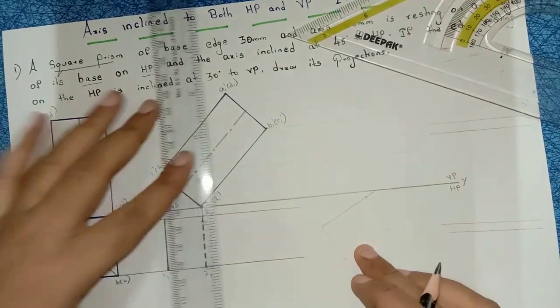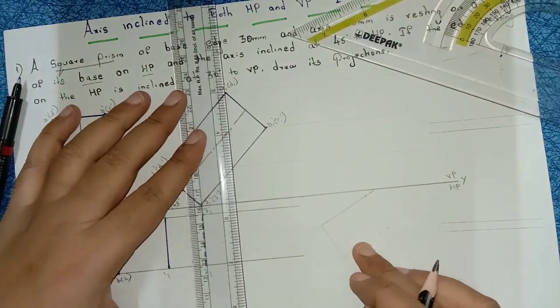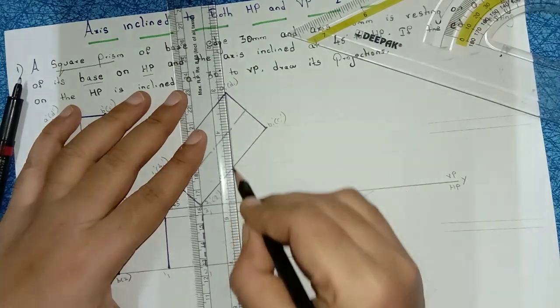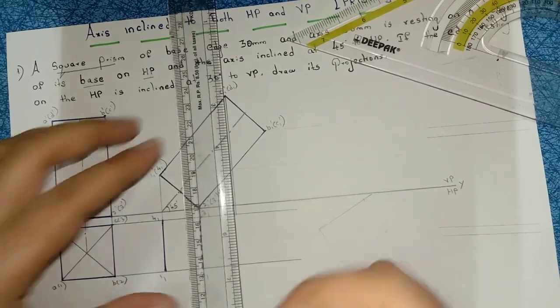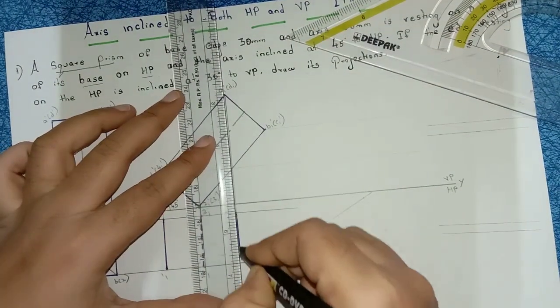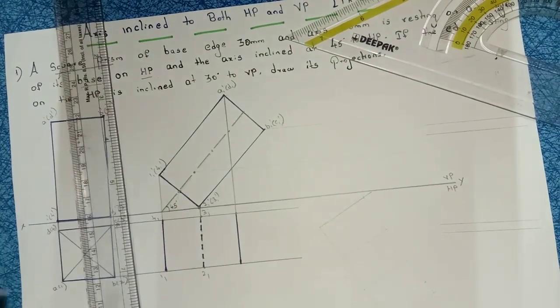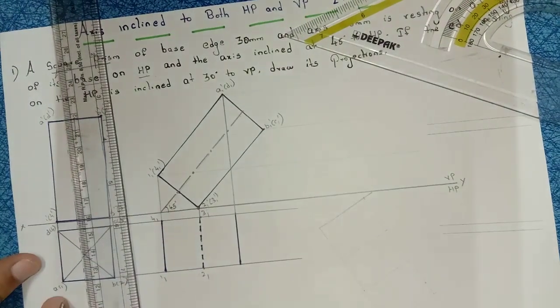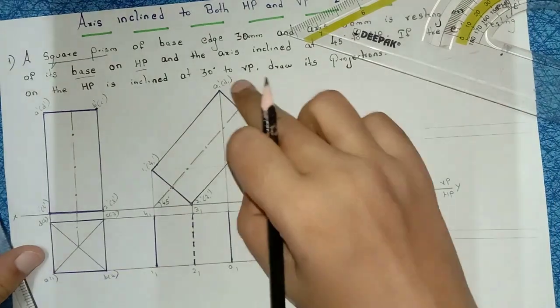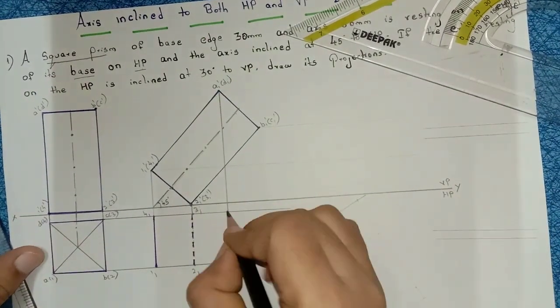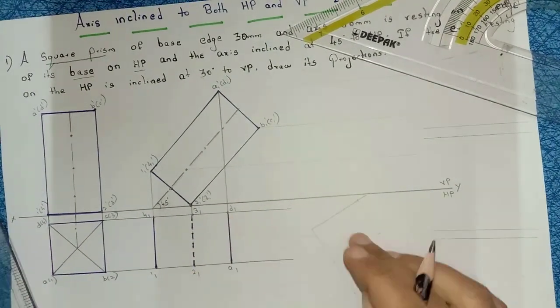Right, so in similar manner from A1 draw a perpendicular line. Right, so from A1 to A1 extend the line. A1 to A1, name this point as here A1. D1 to D1, name this point as here D1.